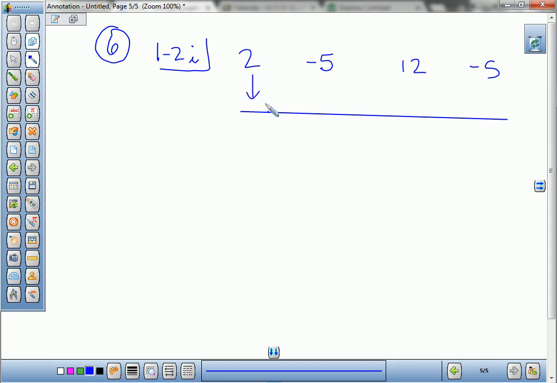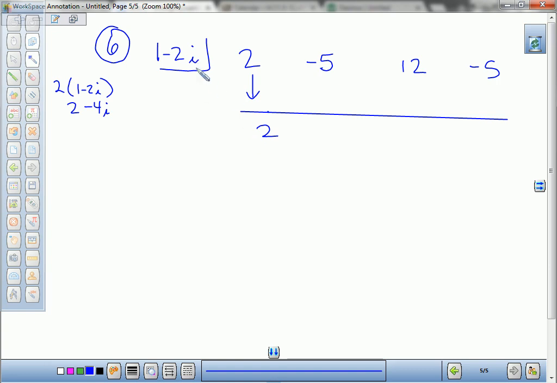Same process. Bring down, and then we multiply. So if we do 2 times 1 minus 2i, that gives us 2 minus 4i. So we have to do this times this, and that gives us 2 minus 4i.